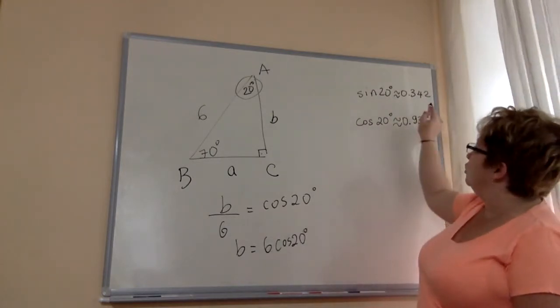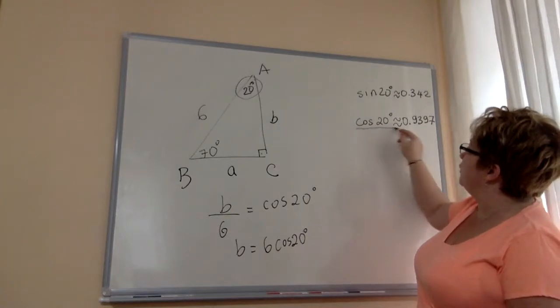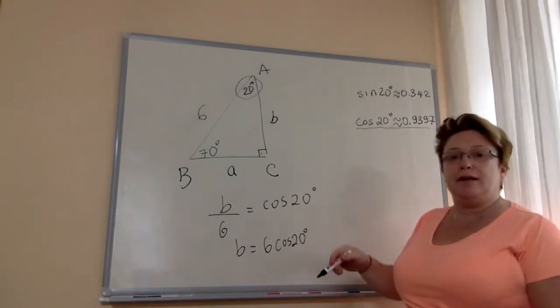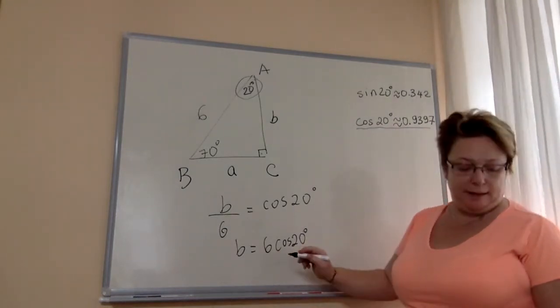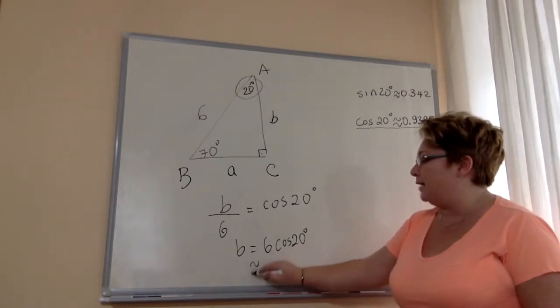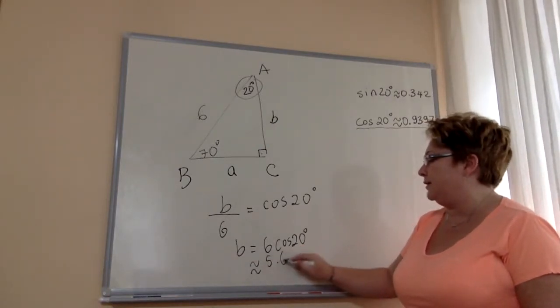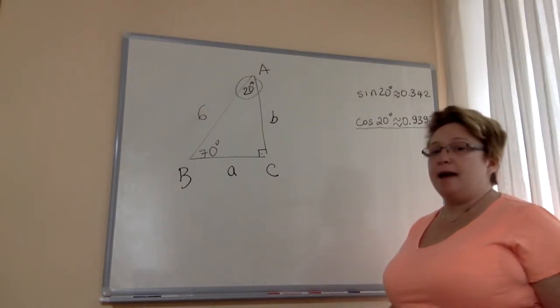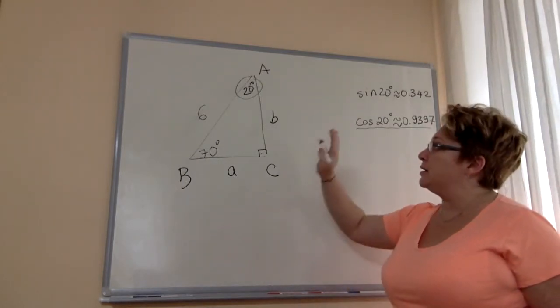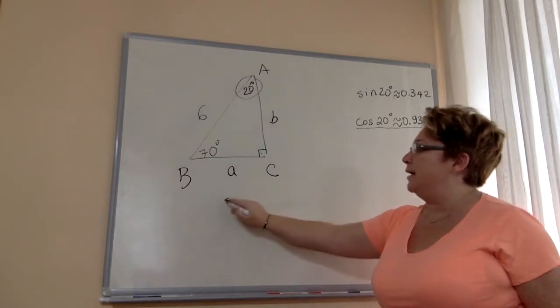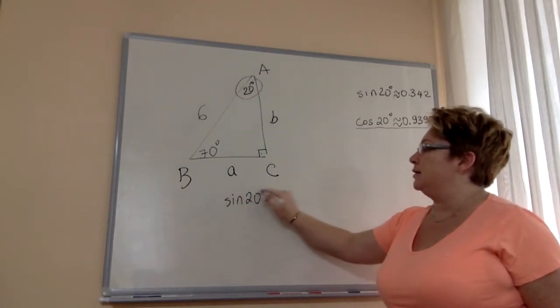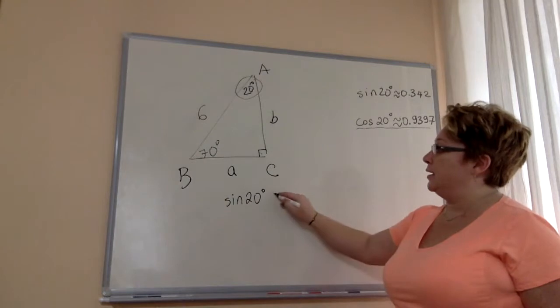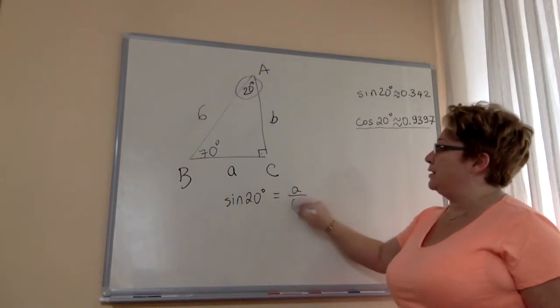Then I look up the value of cosine 20 degrees on a scientific calculator, multiply by 6 to get approximately 5.64. To find side A, I can use a sine ratio, and I say sine 20 degrees is A/6.